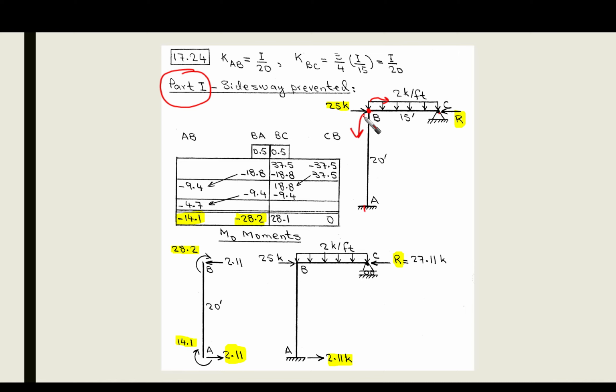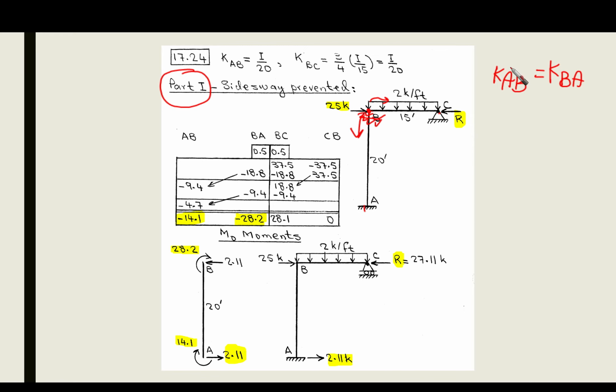From the example that we have, KAB, which is the relative stiffness for member AB, is supposed to equal KBA, which is the relative stiffness from B to A, because the far end is fixed here and the far end is considered to be fixed here.